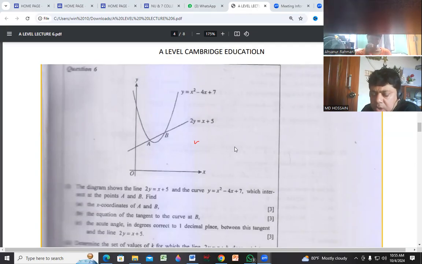At the intersected points A and B, the question is to find out the coordinates of A and B. That is the x value at the point A and the x value at the point B. We have to find that.